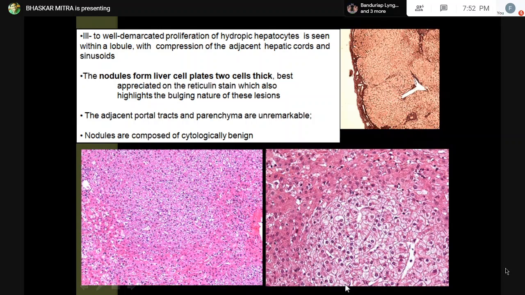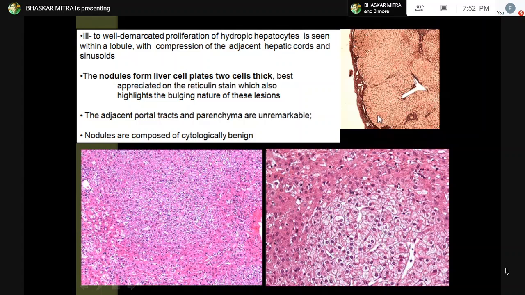This is the nest of hypertrophic hepatocytes within the lobule that compresses the adjacent hepatic cords and sinusoids. Again, on the reticulin stain, it can be 2 cell layers thick.